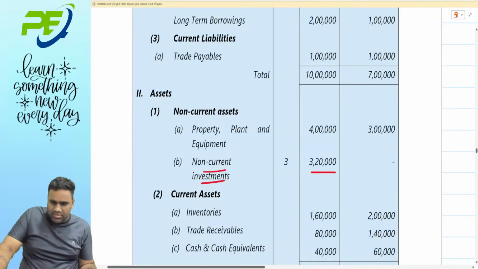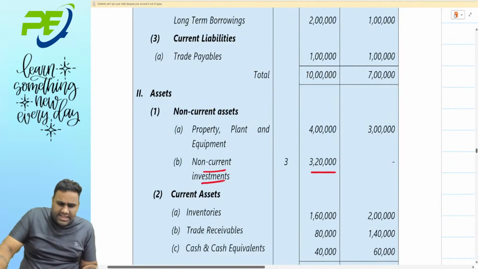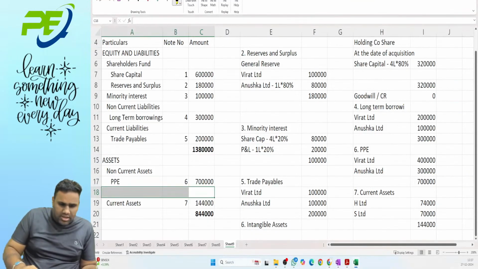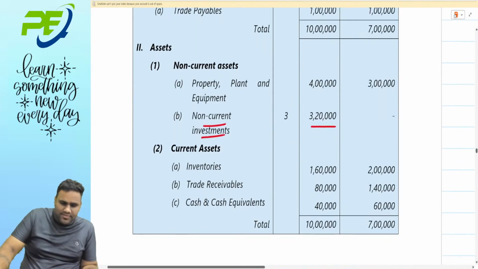Amounts 4 lakh, 3 lakh, 7 lakhs. Then intangible assets, it's not that. Current assets.